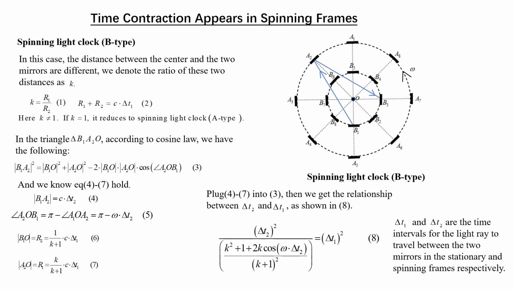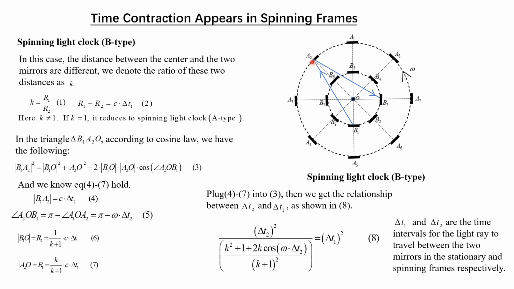This slide talks about how time contraction happens in the B-type spinning light clock. Similarly to the A-type, we can see from the geometric aspect that the distance between the point B1 and A2 is smaller than the distance between B1 and A1.